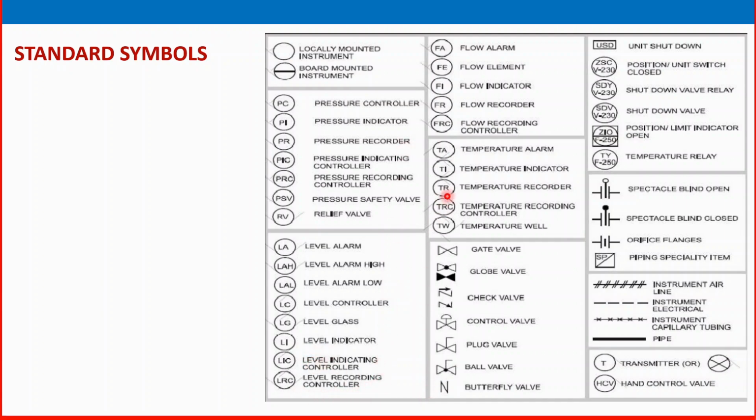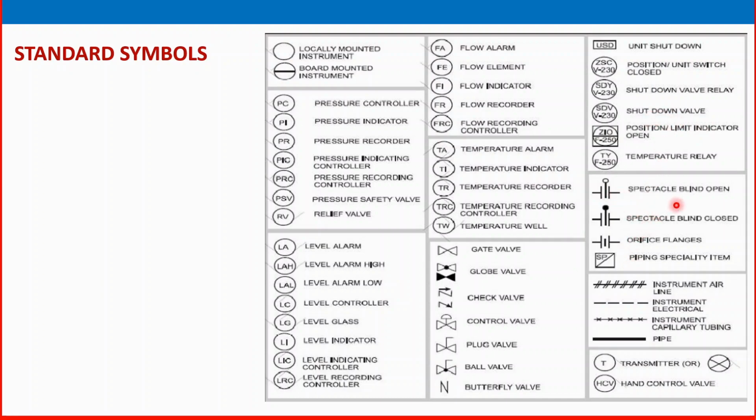Then flow alarm, flow element, then temperature, then gate valve, globe valve, then shutdown limit switches, unit shutdown, then position switch, shutdown valve relay, then shutdown valve, SDV, like that.